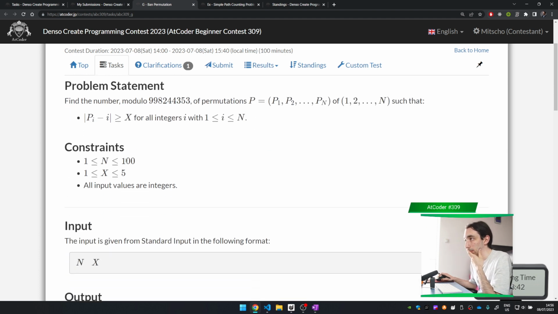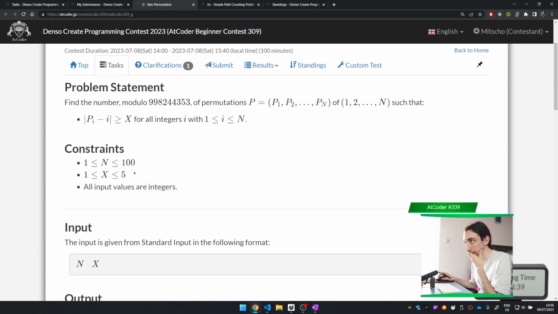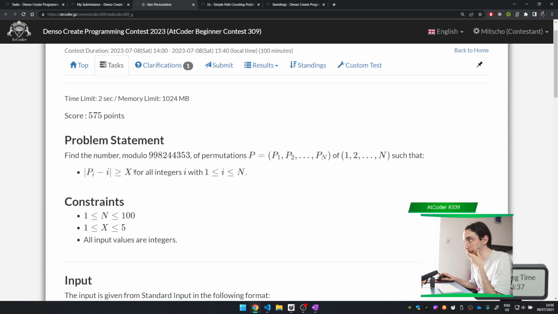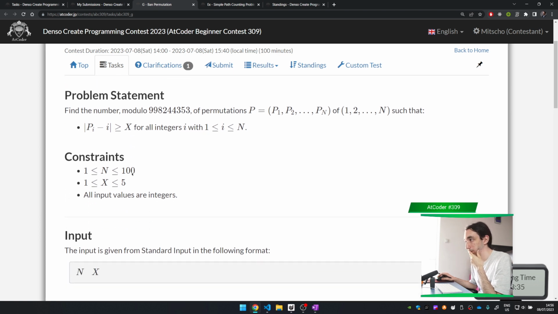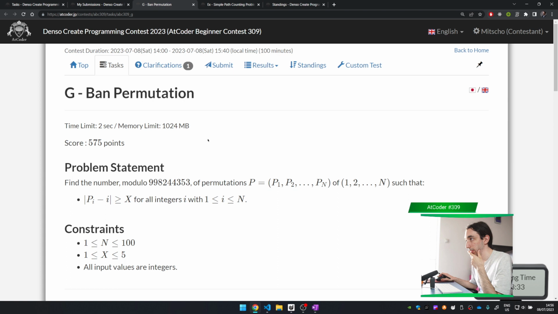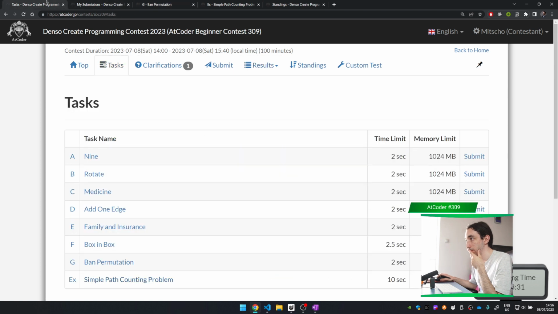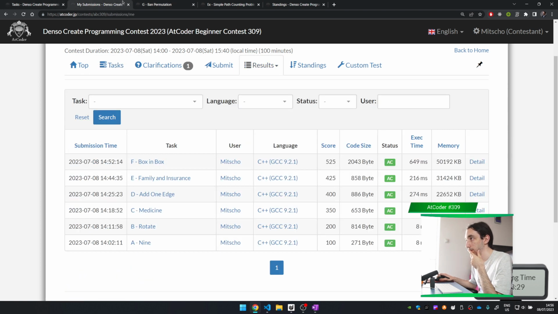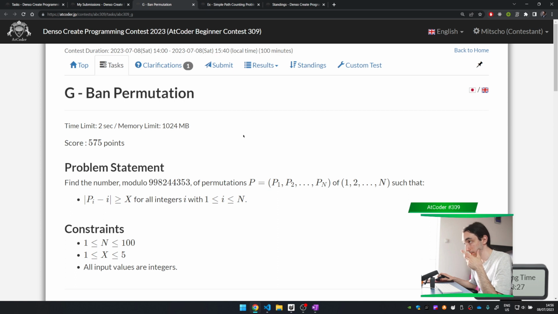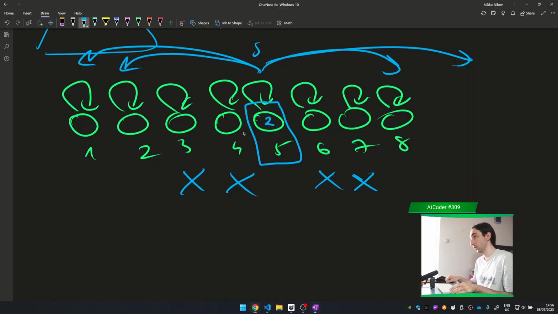Okay. N is relatively small and x is way smaller, which is very interesting, I would say.